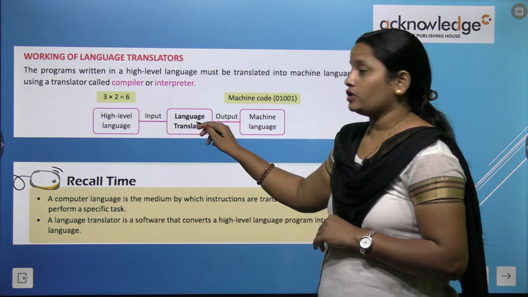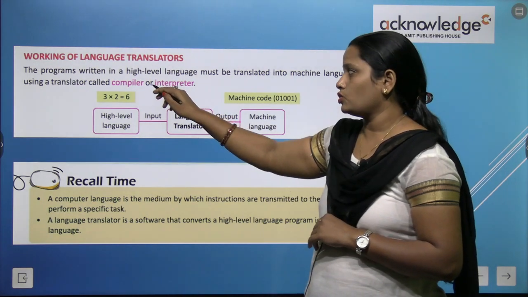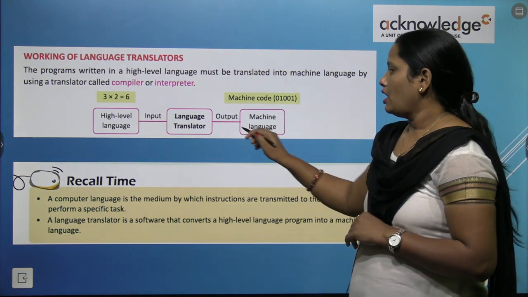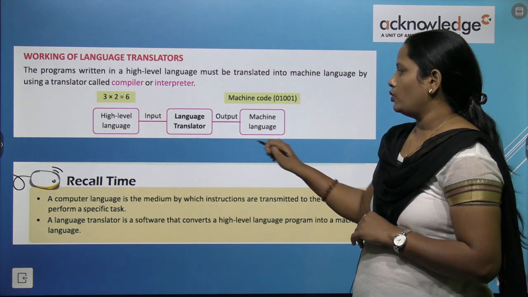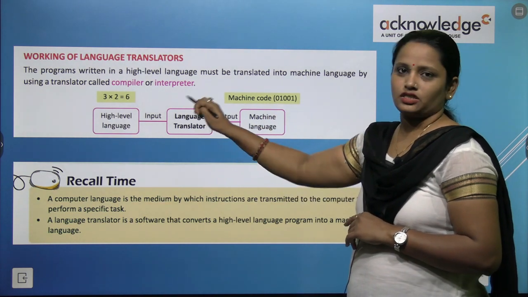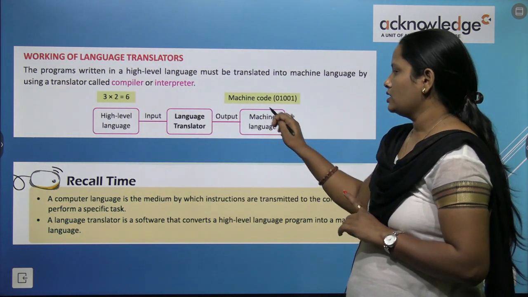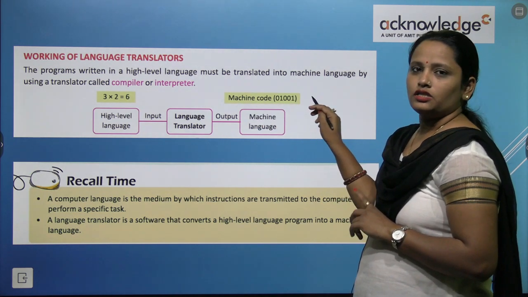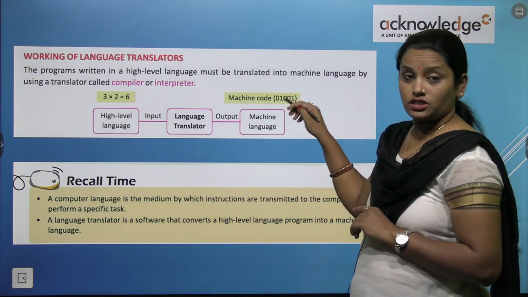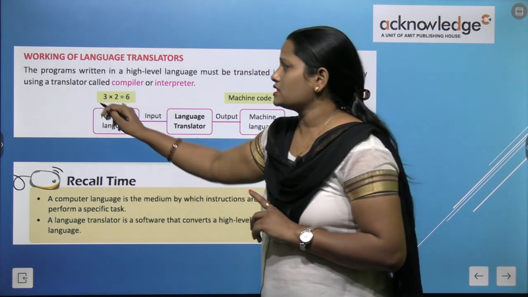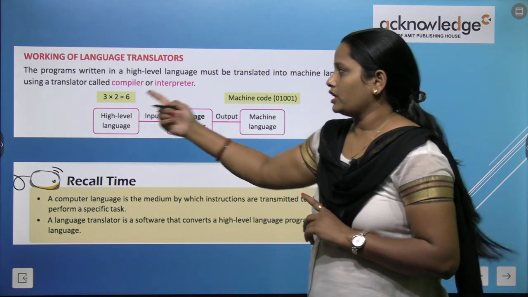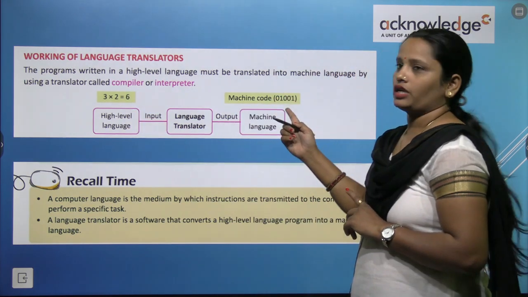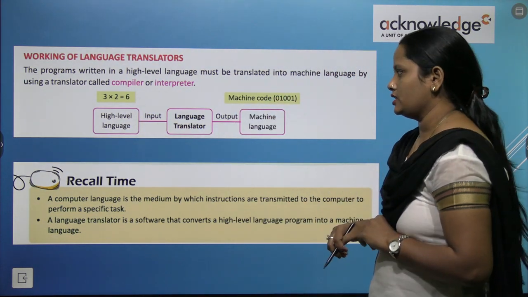This is the input given to the language translator, the compiler or the interpreter, and it is converted into machine language, and the machine code is 01001. This is the language that the computer knows, and the other is the language that we know. So we can understand this easily, and the computer can understand its language easily.